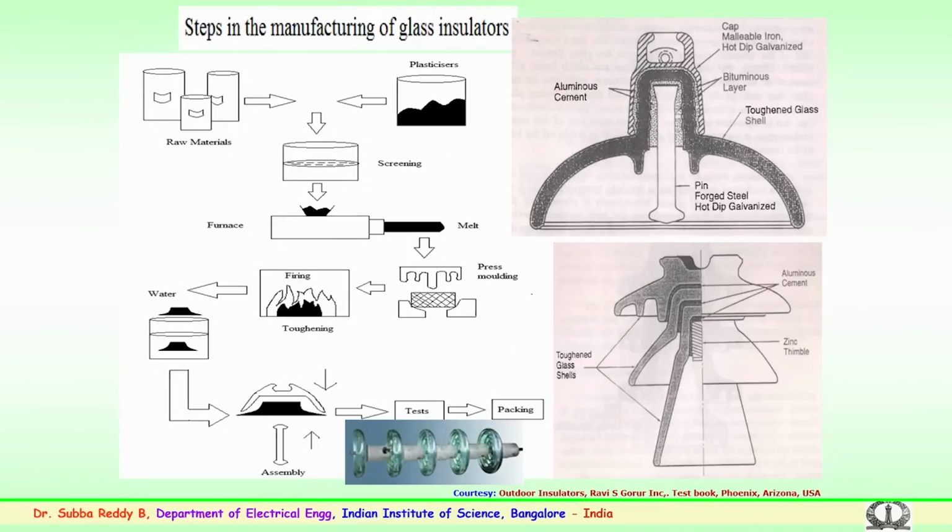This is again the flow chart of the discussion which we have just talked about, showing the various manufacturing stages. This shows the entire manufacturing process of the glass insulators, where you can see the raw materials are collected and stored. Further, these are powdered using screening mechanisms. Following the screening, the material is sent to the furnace where it is melted at a defined temperature.